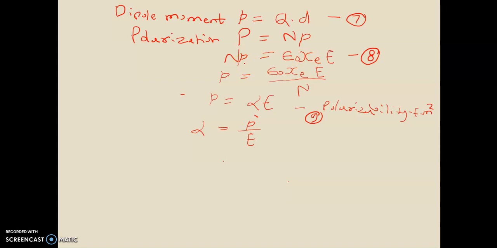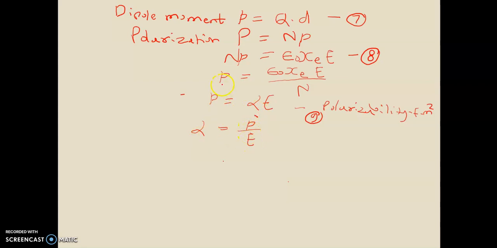But when you see P, polarization, you see susceptibility. Dipole moment is equal to alpha into E. So the constant of proportionality for dipole moment is alpha. Now alpha is equal to dipole moment divided by E.